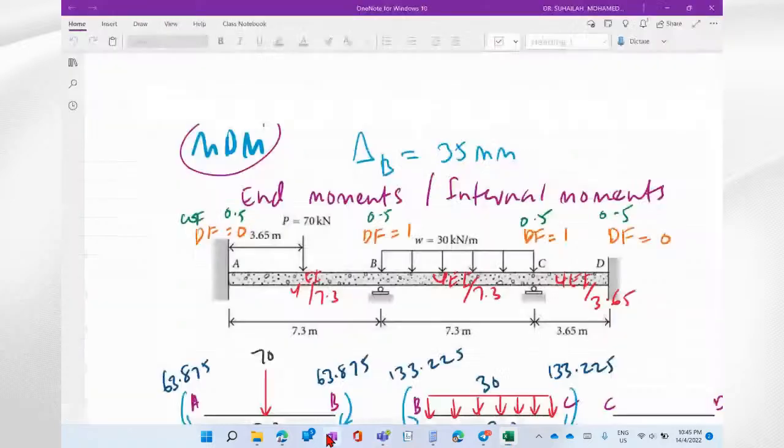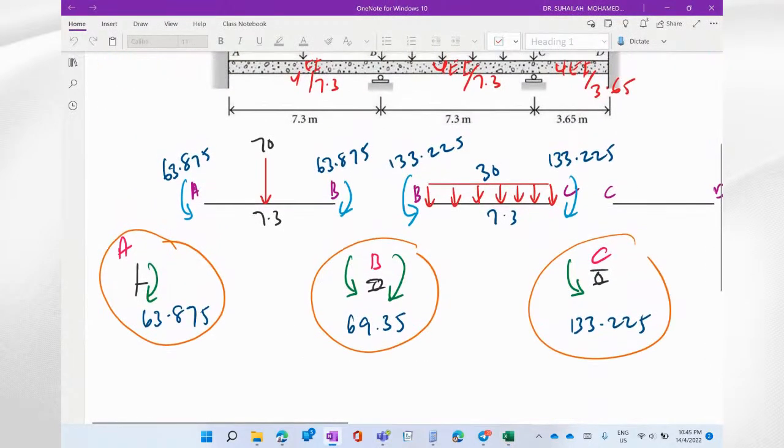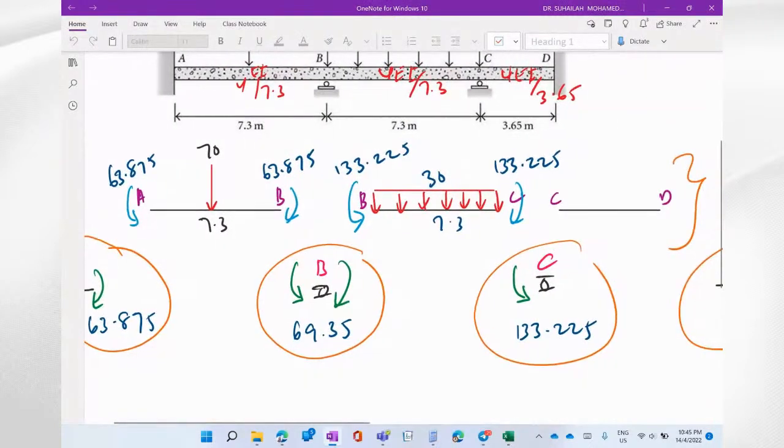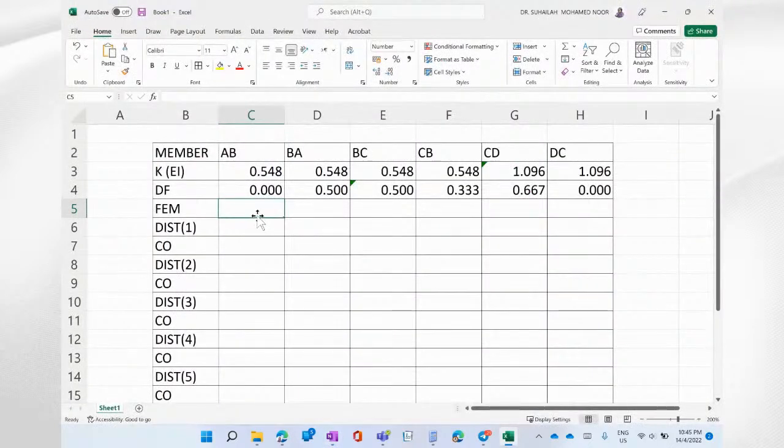Okay, fixed end moment. We have calculated the fixed end moment just now. Look at the members. It is negative 63.875, negative 63.875, and then positive 63.875.